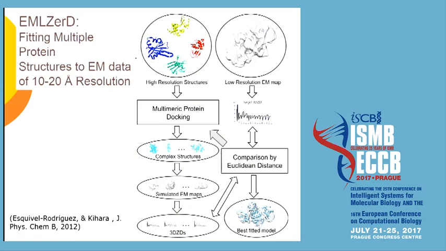The way we did it at that time is, because we have the 3D Zernike descriptors, which can quantify shape similarity, first we dock these 4 structures by our own multimeric protein docking method, which I'll show in the next slides, and make about 200 complex models. Then for each of them, I simulate the EM map, compute the 3D Zernike descriptors, and compare them to the 3D Zernike descriptors of the map itself. Then I find the model which fits best, which has a similar shape to the EM map.